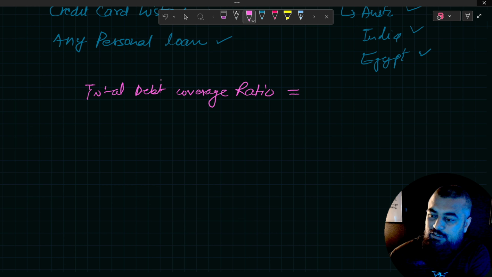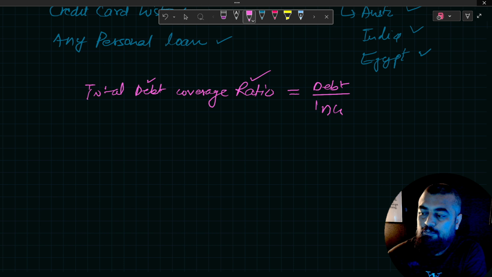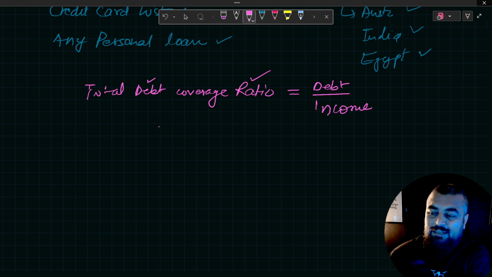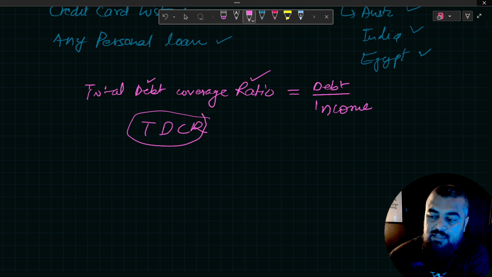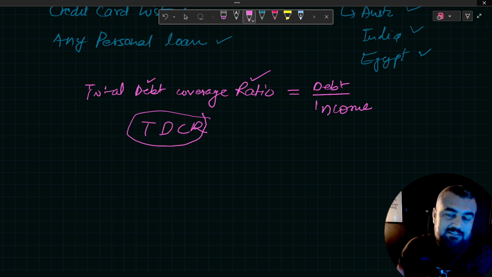You can see there are two things, one is debt, one is ratio. How much debt you have versus what is your income. So the bank calculates this TDCR, and on the basis of TDCR there will be a decision whether we'll pass the loan, will not give the loan, will give the credit card, or will not give the credit card.